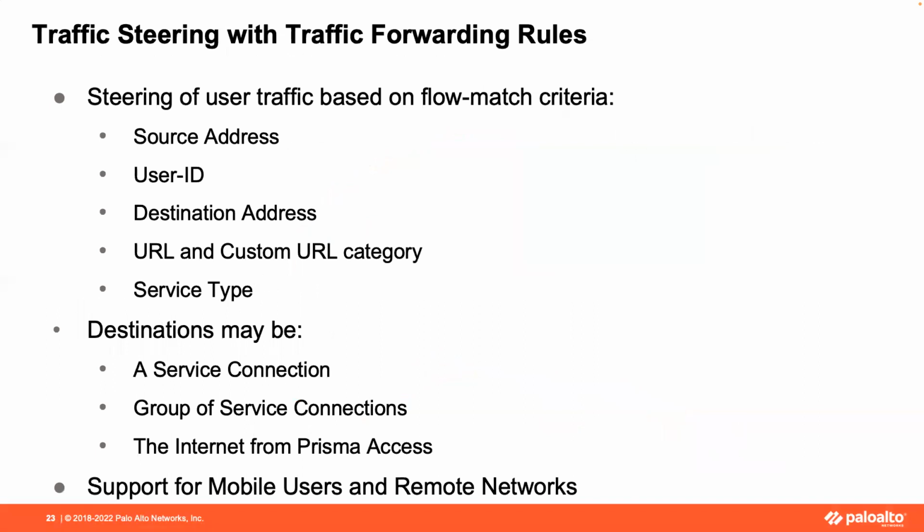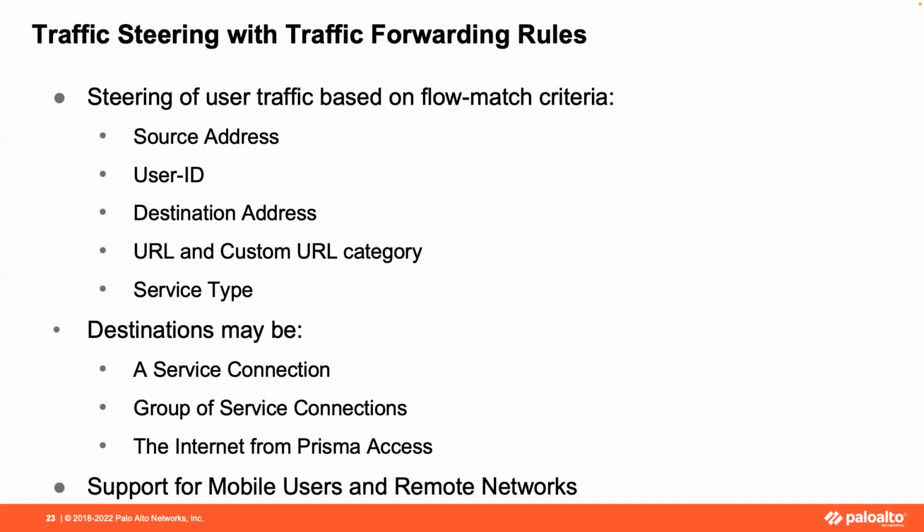Or I can say, you know what, there's more than one service connection. There's more than one headquarters or data center that you might use. If you're in Europe, you've got these choices. If you're in North America, you have these other choices. Or I can say, you know what, let's go straight out to the internet.